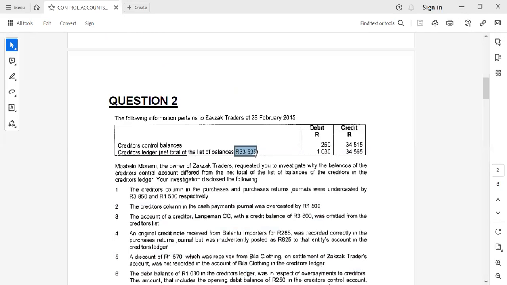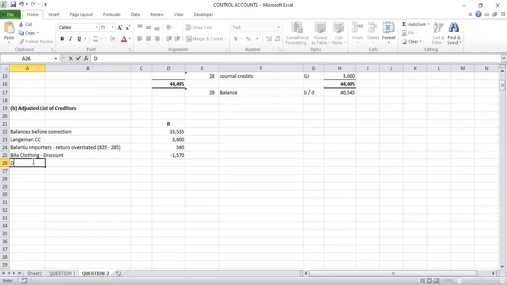So we'll have debit balances transferred to debtors ledger, $1,030.